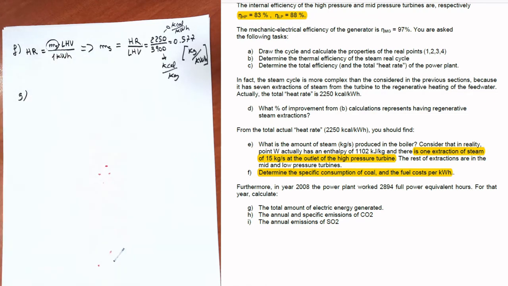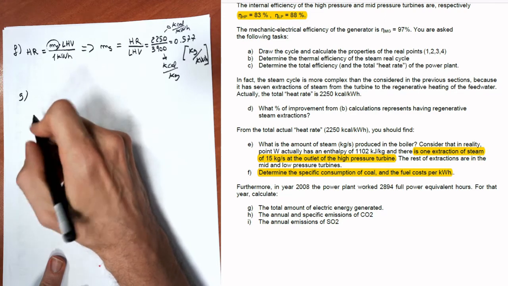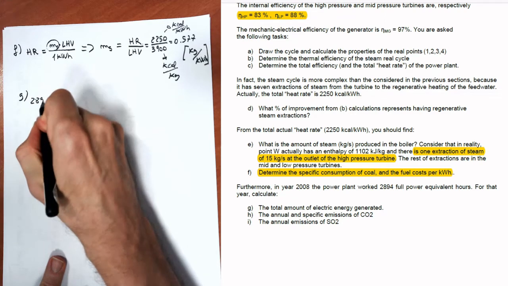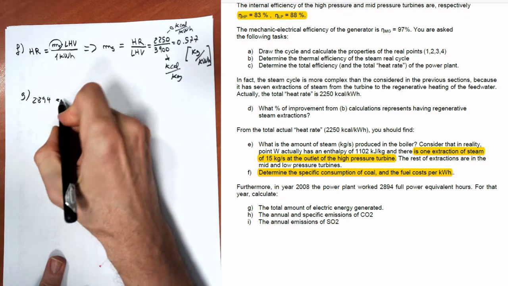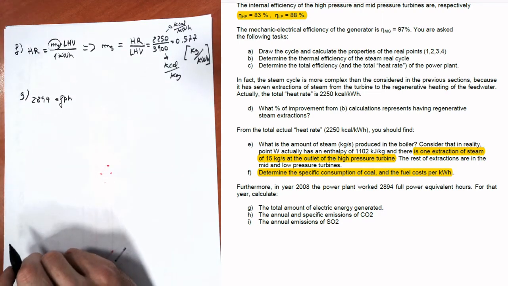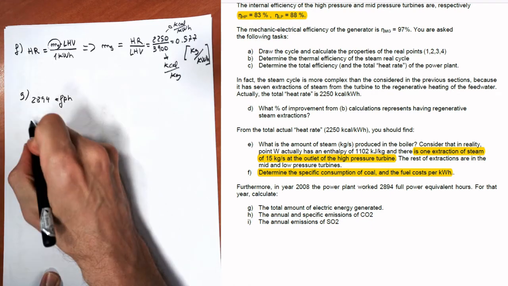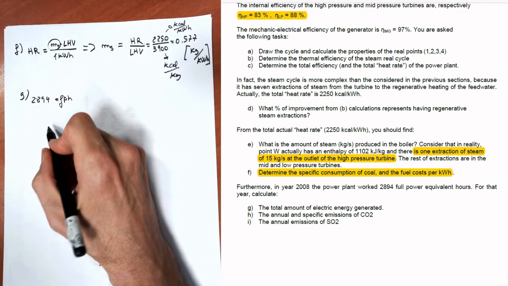Let's move now to question number G. It talks about year 2008, and it says that the plant operated for 2894 effective full power hours. Okay, so for that year calculate the total amount of electric energy generated. So this question is rather simple.